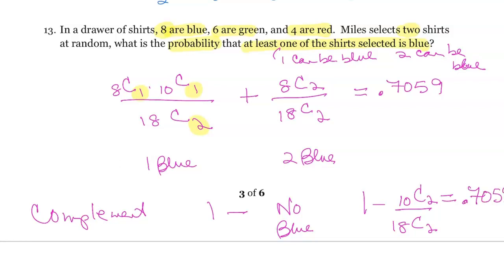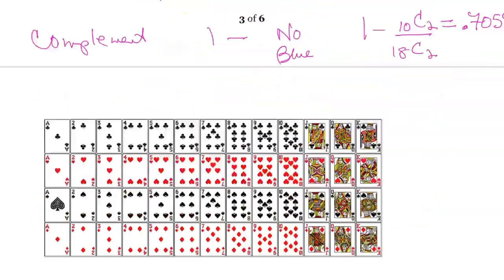So sometimes complements help. They stop you from having to do this addition, but you have to know how to set it up. So the complement of at least 1 blue is no blues. Okay? All right, let's move on to 14.